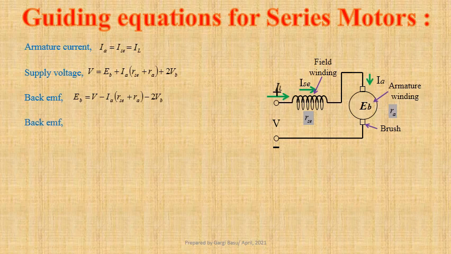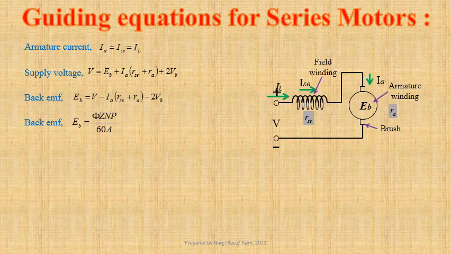Again, back EMF EB equals phi ZNP divided by 60A, where phi is the useful flux per pole, Z is the number of armature conductors, P is the number of poles of the machine, A is the number of parallel branches of armature winding, and N is the speed of the motor in revolutions per minute.